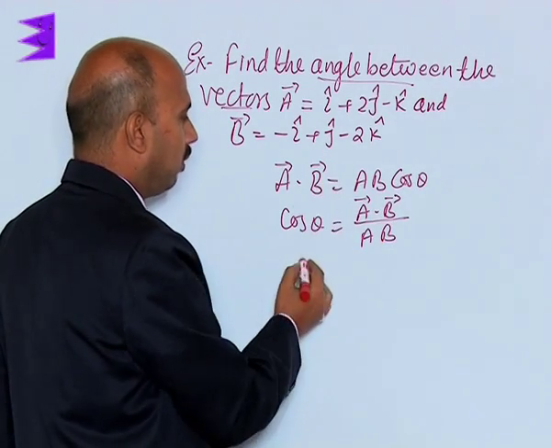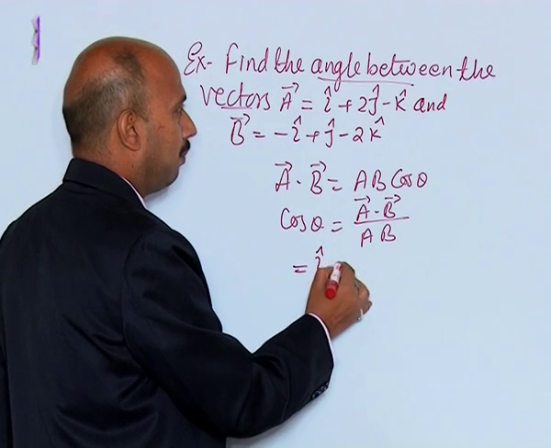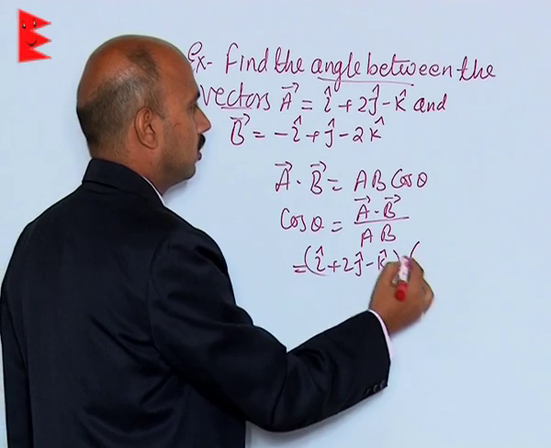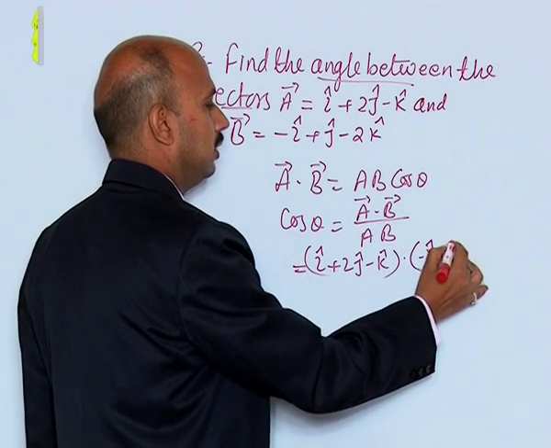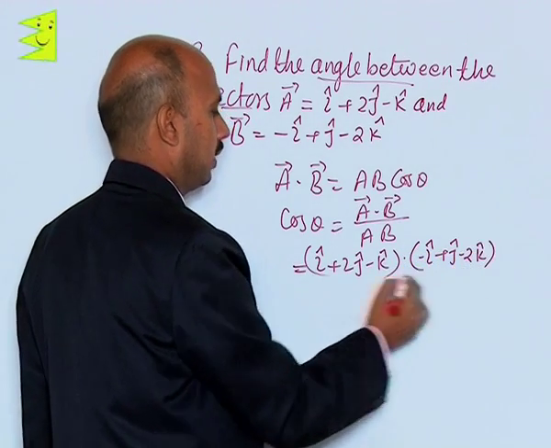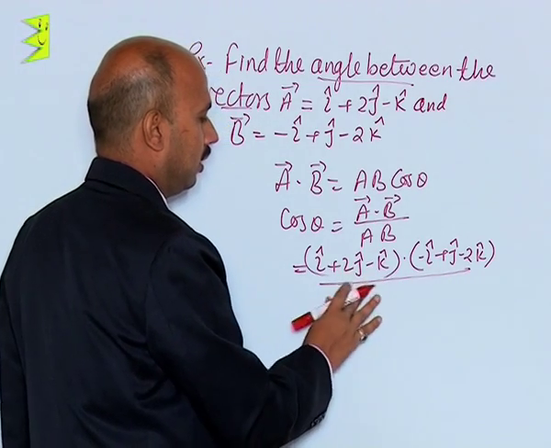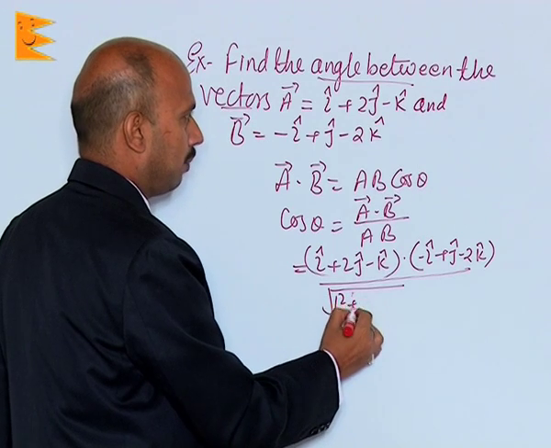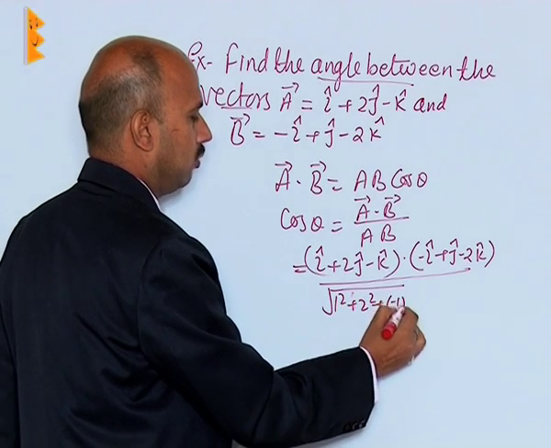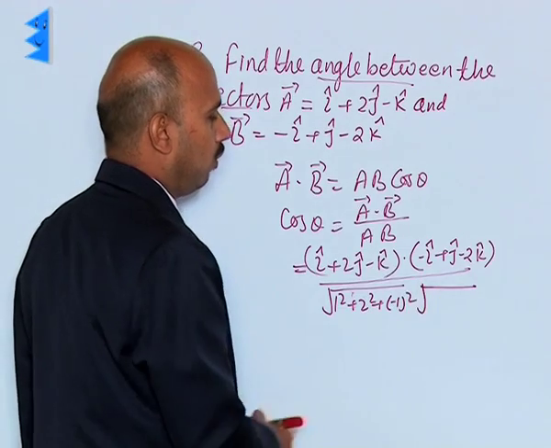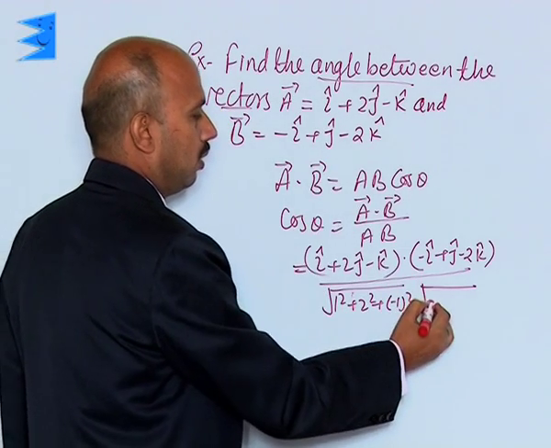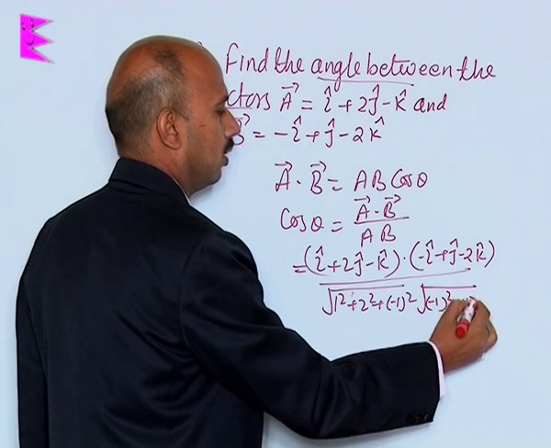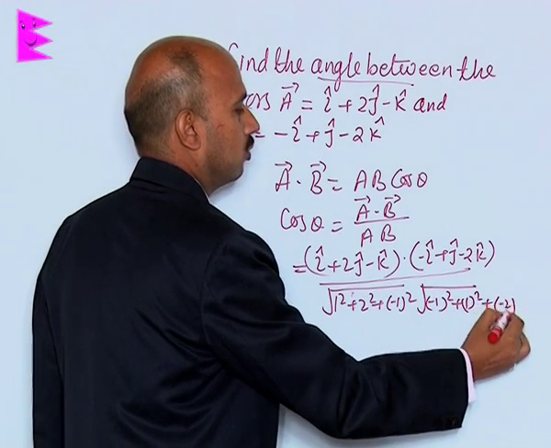Now A dot B is i cap plus 2j minus k cap dot minus i cap plus j cap minus 2k cap, divided by the magnitudes of these two vectors: the square root of 1 square plus 2 square plus minus 1 square, times the square root of minus 1 square plus 1 square plus minus 2 square.